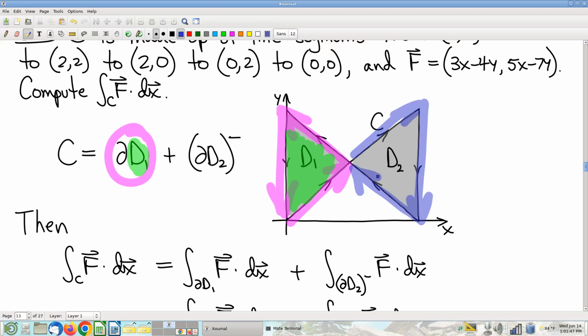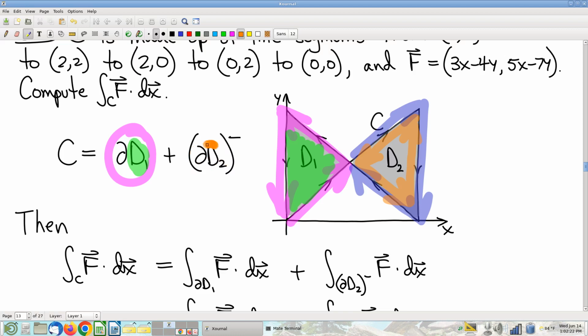After all, the boundary of D2 goes the other direction. The boundary of D2 is like that. The boundary of D2 is exactly the opposite of these remaining 3 pieces, this dark blue that I have there.